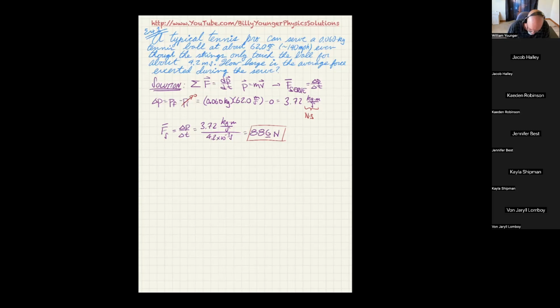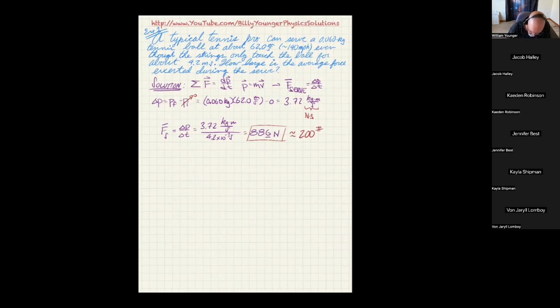So I'm going to start off with 886, and change my units. The unit of force is what I want here, and there's my Newton. So 886 Newtons is, in fact, on the order of 200 pounds.